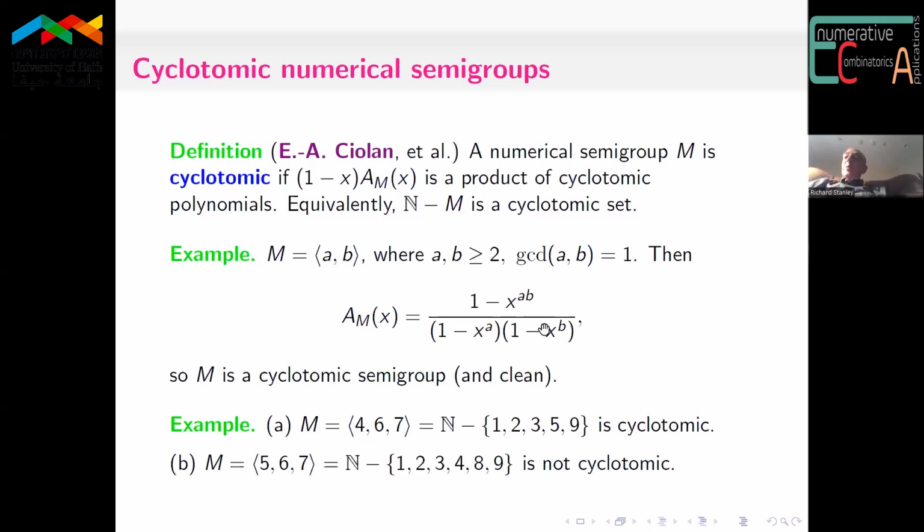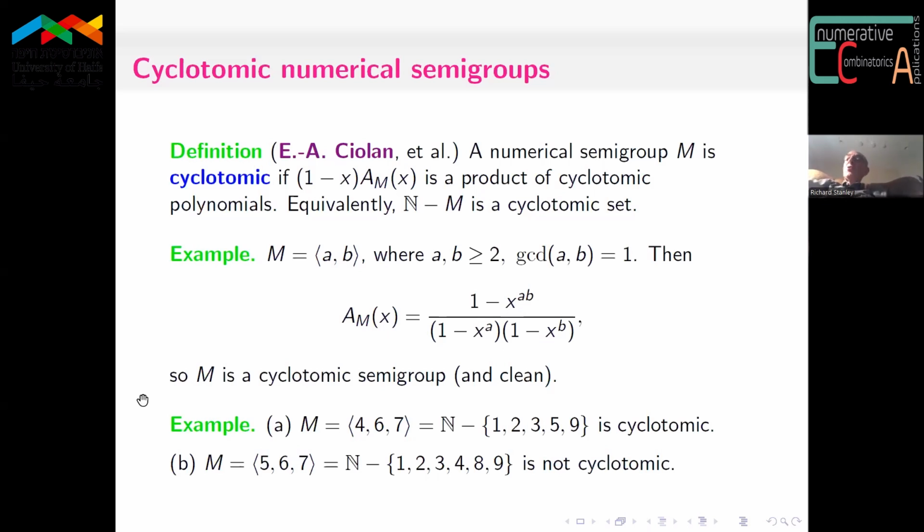A and B are relatively prime, so in the numerator, when we look at the product of A_M of x1, A_M of x2, etc., we'll get as exponents all the multiples of A and B, with the multiples of AB appearing twice. One of those gets canceled out by 1 over this x to the AB, so the numerator factors exactly as in MacMahon's theorem. So we're going to have a nice partition identity for every such pair.